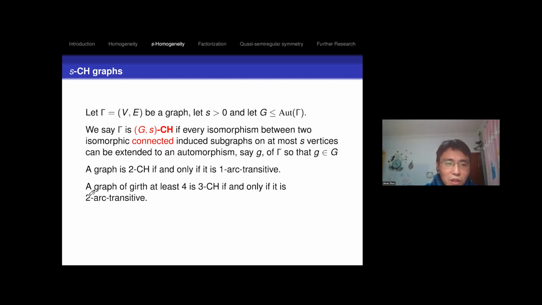And also we note that a graph of girth at least 4 is 3-CH if and only if it is 2-arc-transitive. And for this case, 2-arc-transitive graphs have been extensively studied in the literature.